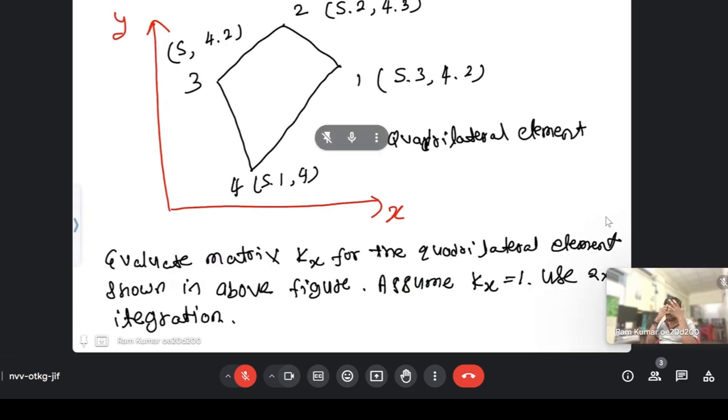At least write how to write the stiffness equation, because we are going to finish this course. One thing I want to ask: if I want to write the stiffness equation for this 2D element, what should I do? Should I do volume integration or area integration?